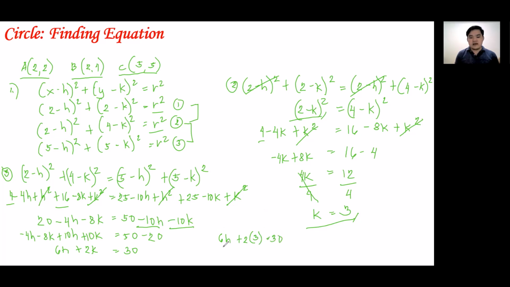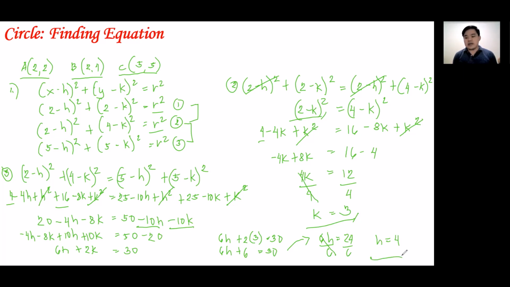Then simplifying, so that is now 6h plus 6 is equal to 30. Now, based on this one, we're going to continue our equation here. So this is now 6h is equal to 30 minus 6, so that is 24. Dividing both sides by 6, sorry. So your answer will become h now is equal to 4. Am I right? So that is 24 divided by 6, and that is 4.